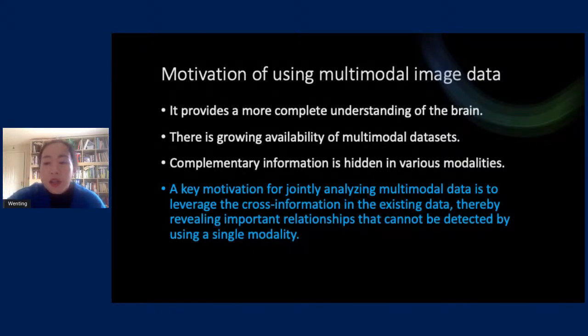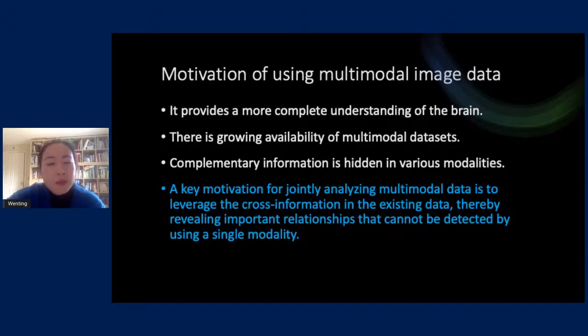With the advancement of imaging equipment and digital data storage, we also have a growing availability of these multimodal data sets. Different images are captured by different imaging equipment, so we have a growing amount of multimodal data for us to gain more understanding of the organ of the human brain that we are interested in.